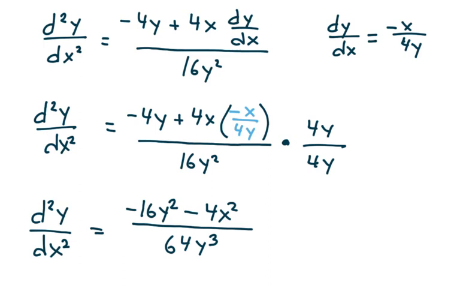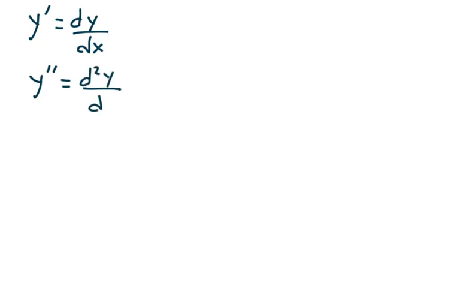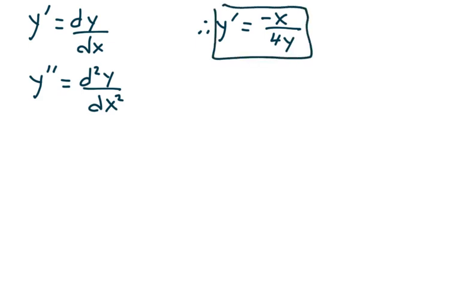And so remember that y prime is dy dx. And then y double prime is the second derivative of y with respect to x. And so therefore, y prime is negative x over 4y. That's how you find y prime.